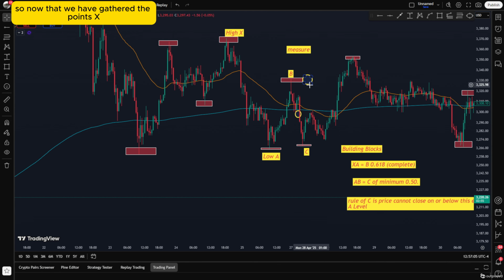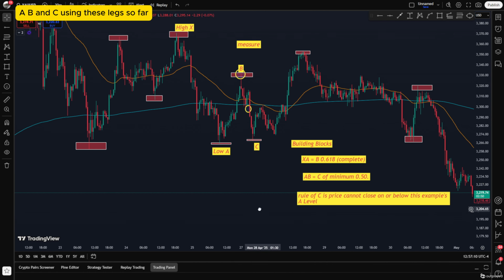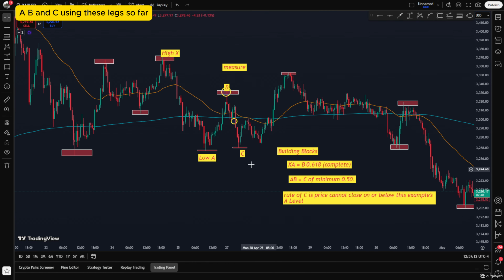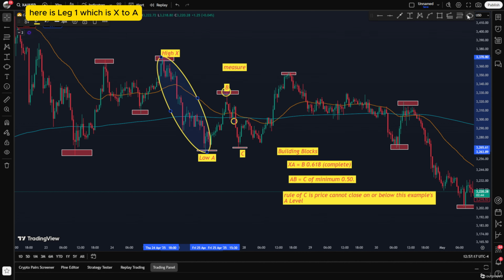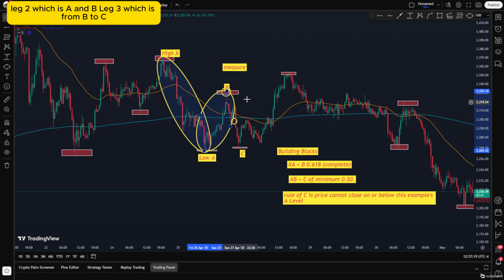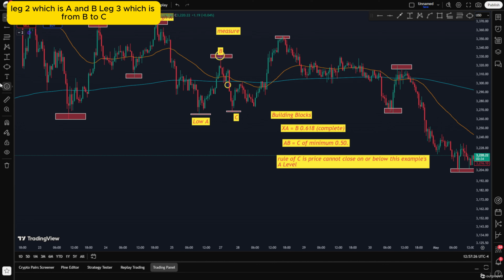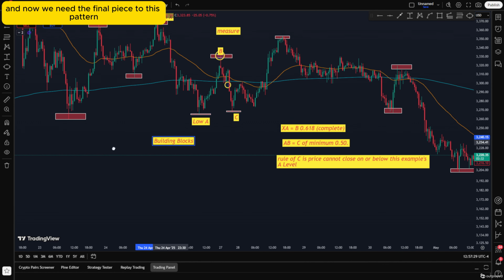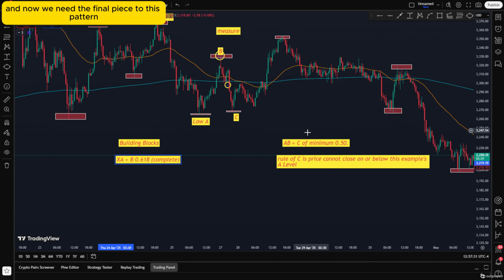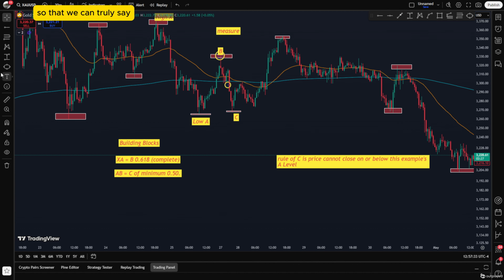So now that we have gathered the points X, A, B, and C using these legs so far, here is leg 1, which is X to A, leg 2, which is A to B, leg 3, which is from B to C. And now we need the final piece to this pattern so that we can truly say we have a Gartley pattern on our hands.